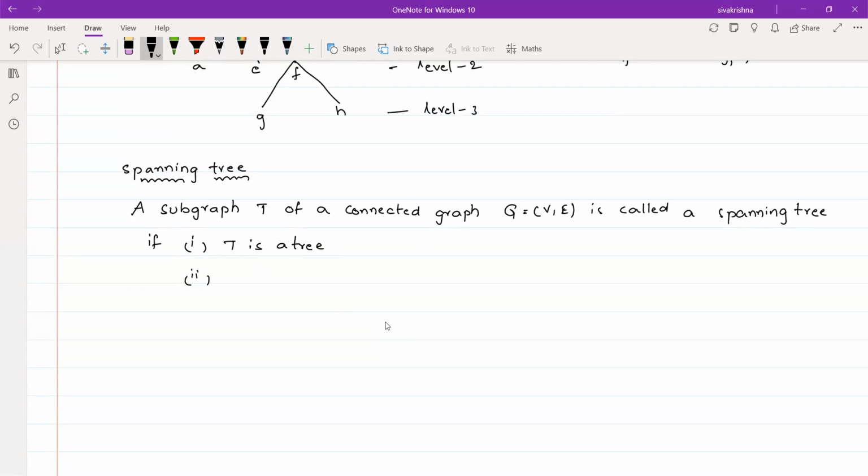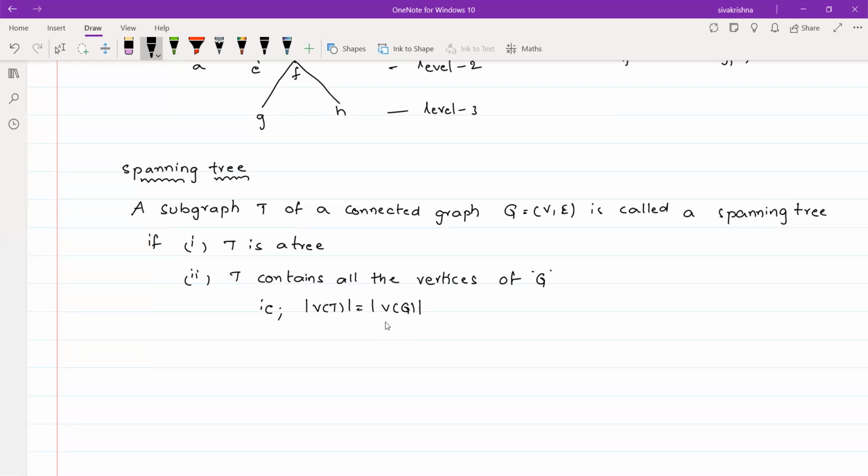And the second condition is T contains all the vertices of G. It means the number of vertices in T is equal to the number of vertices in G. So whenever these two conditions are satisfied, then we say that the connected graph is a spanning tree.